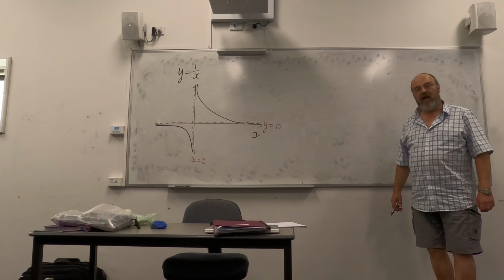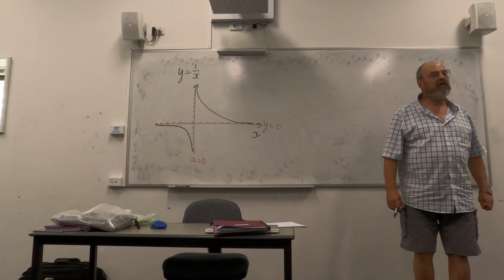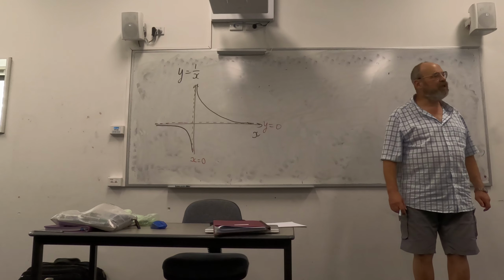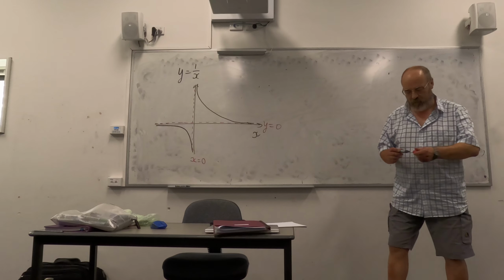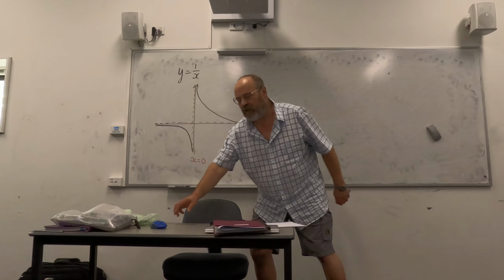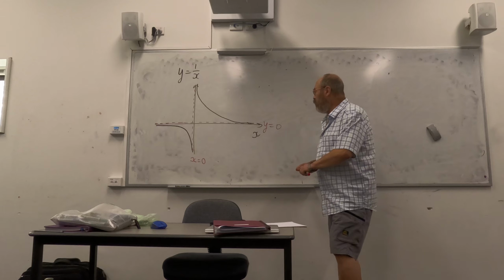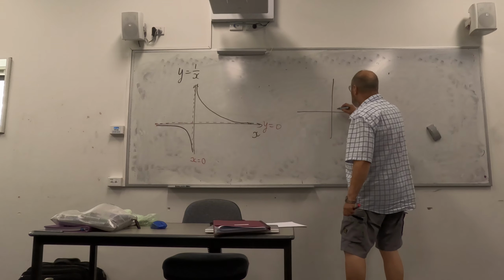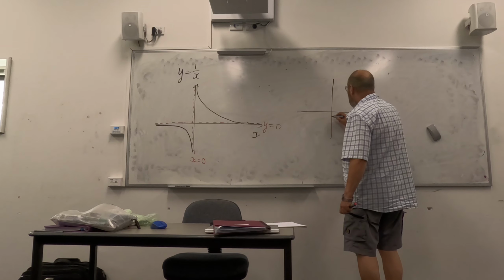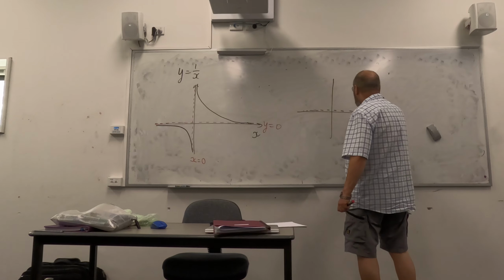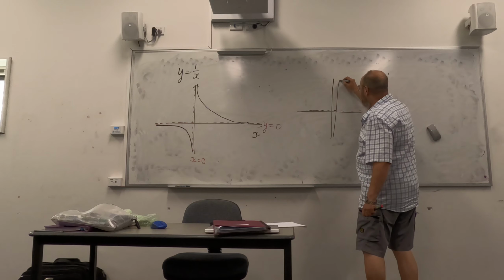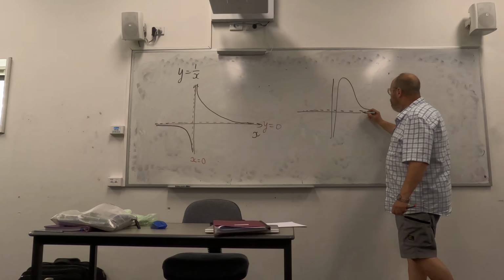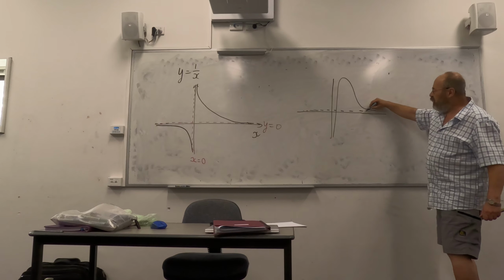First, is it always the case that a graph cannot cross an asymptote? No, it's not always the case. I'll show you a graph.